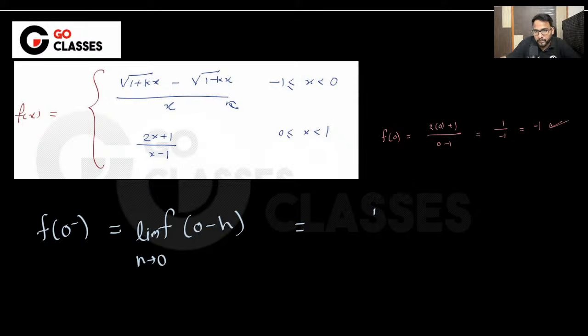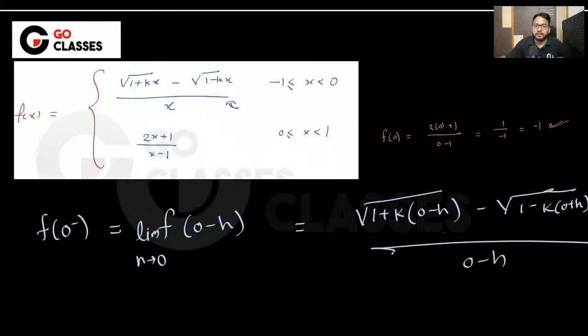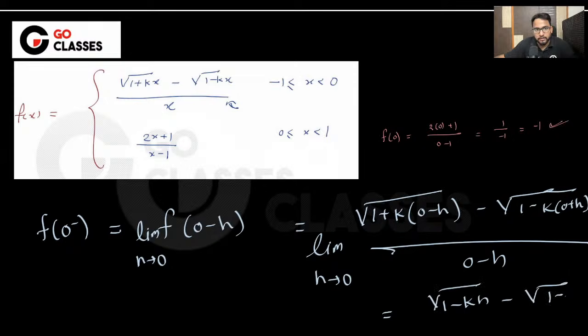So this is the square root of 1 plus k into 0 minus h, minus the square root of 1 minus k into 0 plus h, upon 0 minus h. So this is the function value just before 0. So this is 1 minus kh, and this is also 1 minus kh.